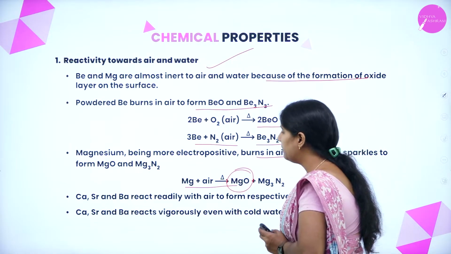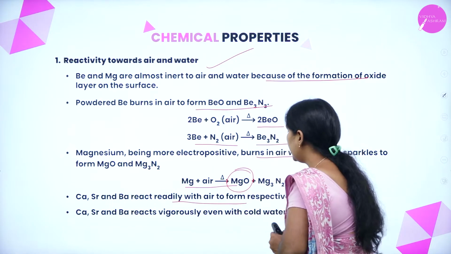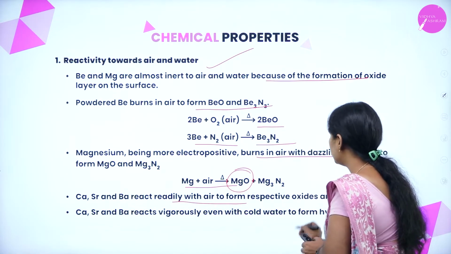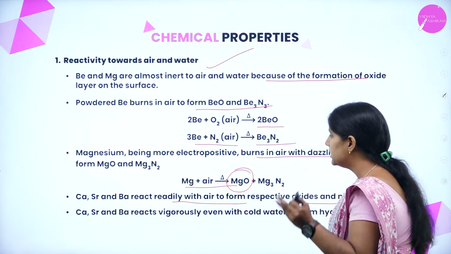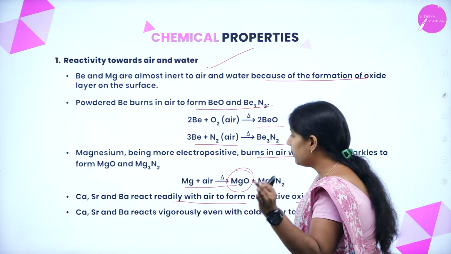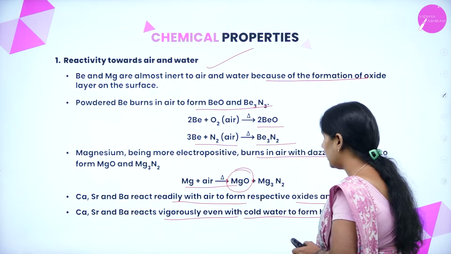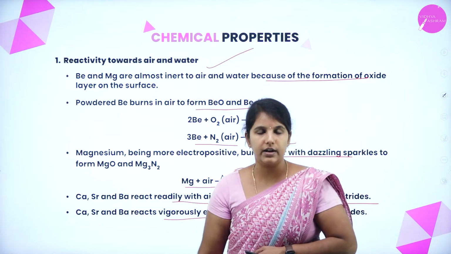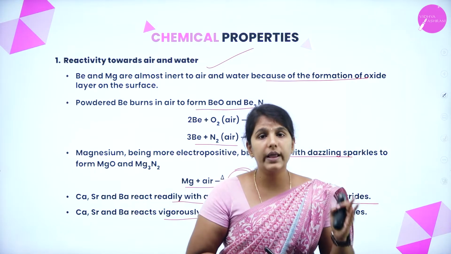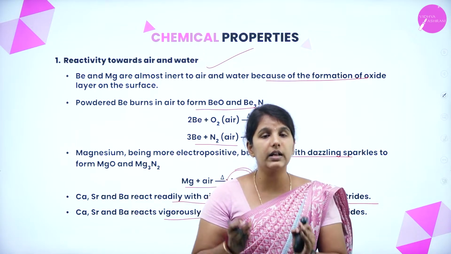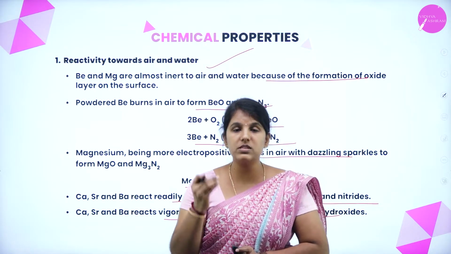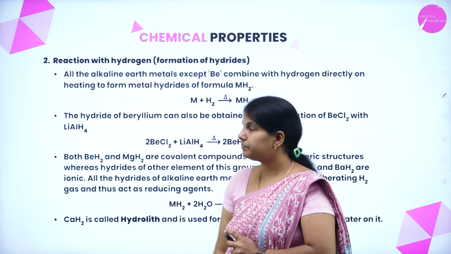Calcium, strontium and barium react readily with air and form the respective oxides and nitrides, and calcium, barium and strontium react vigorously even with cold water, forming hydroxides. This is how, when alkaline earth metals react with air, they form metal oxides.